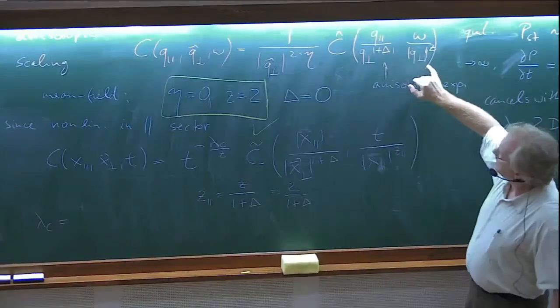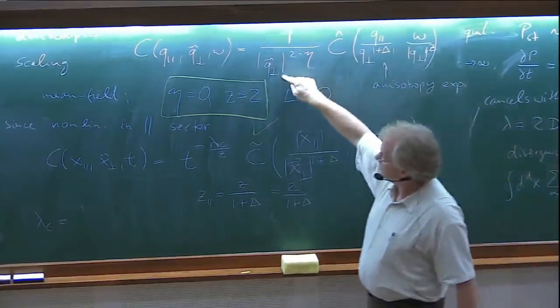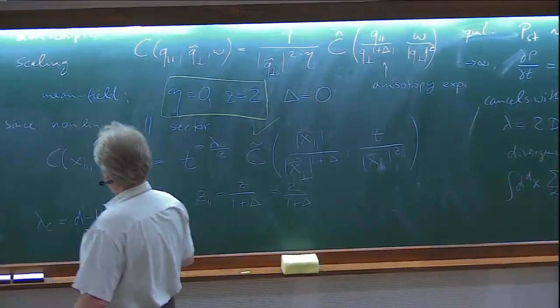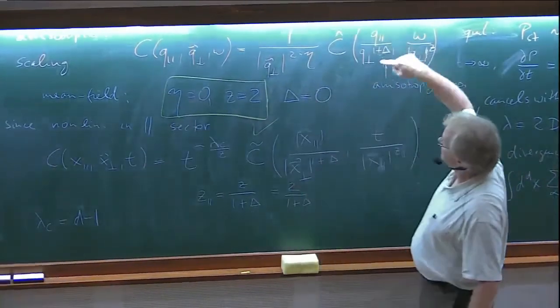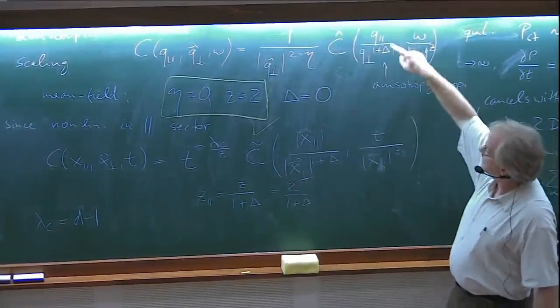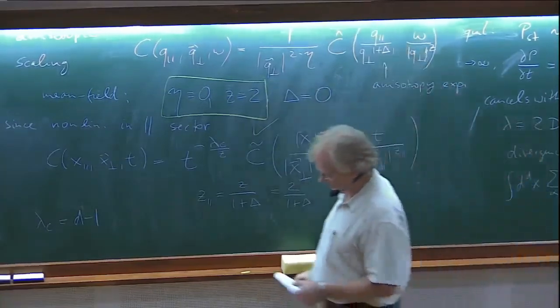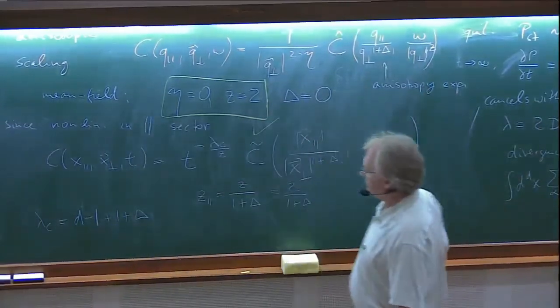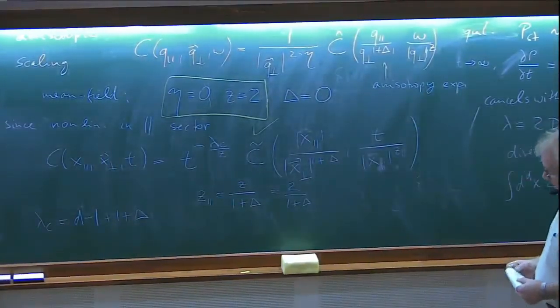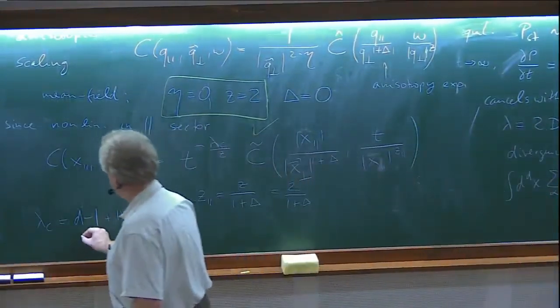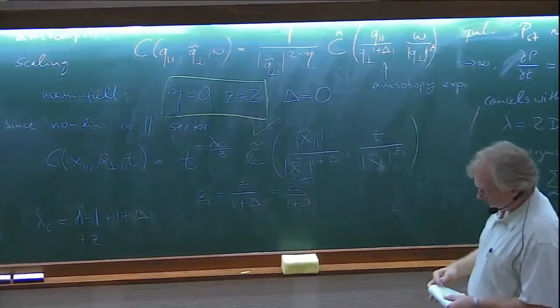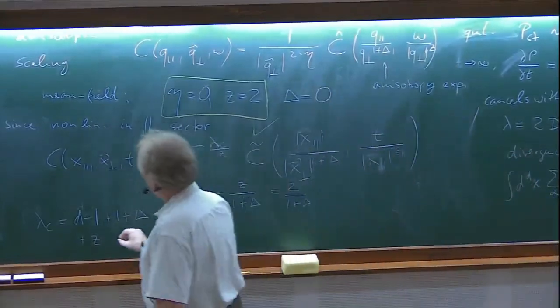I need to do a D minus 1 dimensional integration of Q perp that I decided to scale with 1s, and a 1 dimensional integration over Q parallel. That gives me a 1 plus delta. I have to write this in terms of Q perps. Then, as I just said, there is a z that comes from the frequency integral going back into time, and then there's an overall minus 2 plus eta.